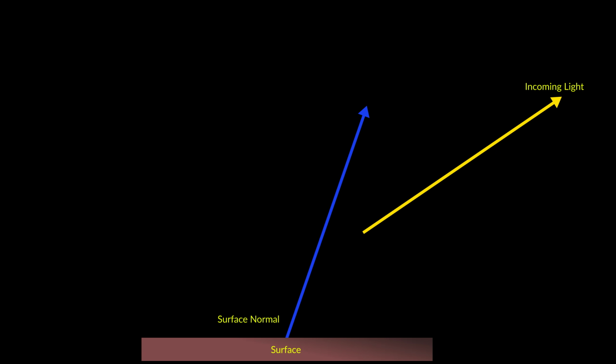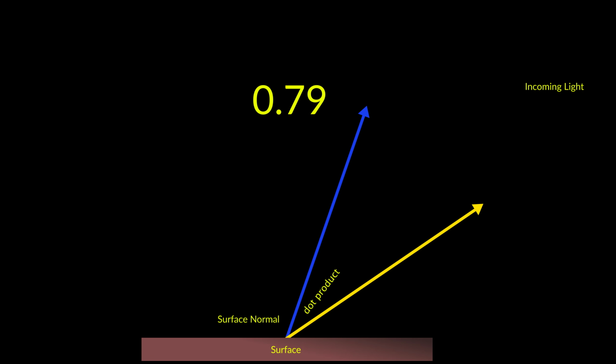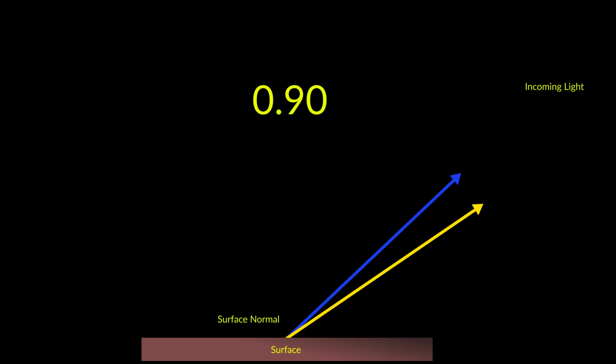Taking the dot product of these two vectors gives us the cosine of the angle between them. An angle of 0 between the two vectors results in a cosine value of 1, meaning that the two vectors are pointing in the same direction. This also results in the strongest possible incoming light. As the angle increases towards 90 degrees, the cosine value decreases to 0.